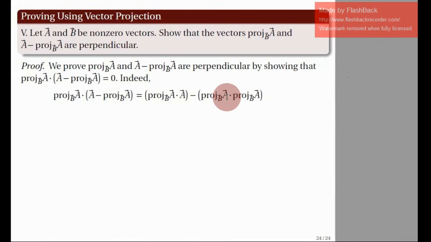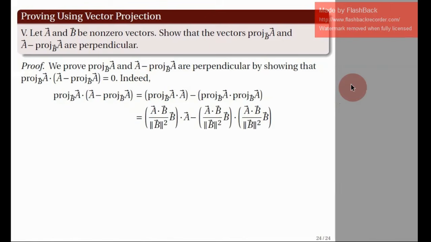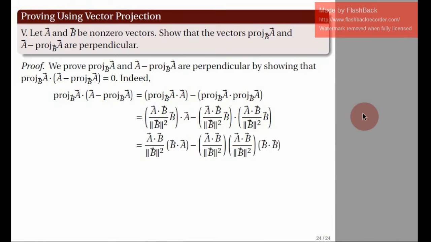And then for the next line, just to write explicitly the definition for the vector projections, we have this. So this was just rewritten, no magic happening here. And then next, using the property of the dot product that the scalars here can move in different positions inside our dot product, we rewrite it this way.